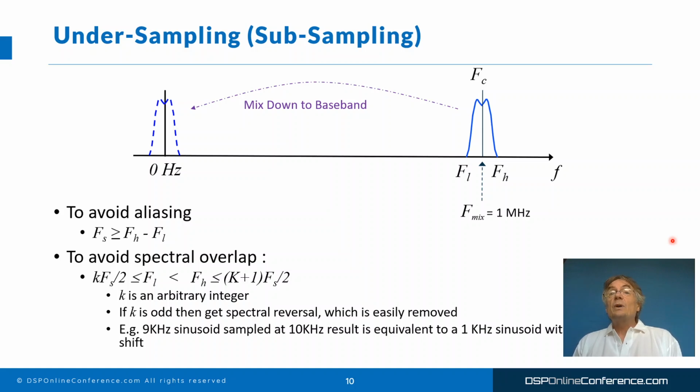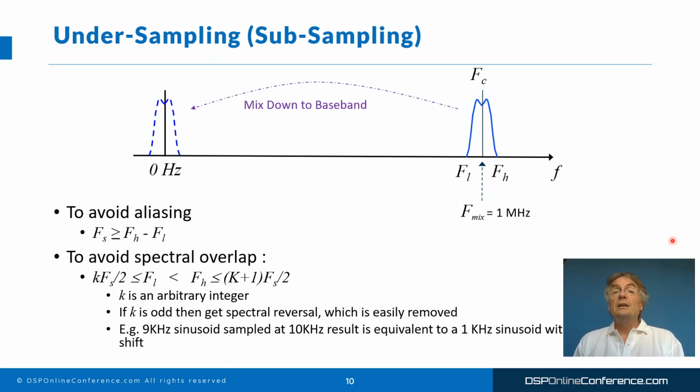And the key things that we have to watch are, to avoid aliasing, we need to ensure that our baseband sample frequency, FS, is greater than the bandwidth of our modulation signal. And also, to avoid spectral overlap, we need to ensure that the modulation signal that we're bringing down to baseband meets the folding functions shown in here.